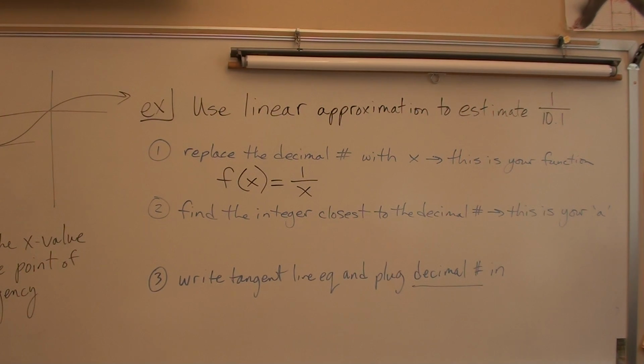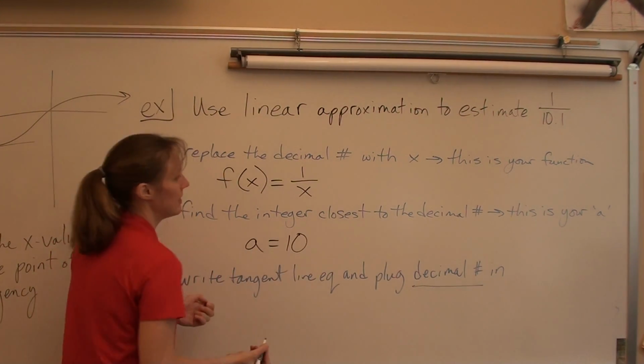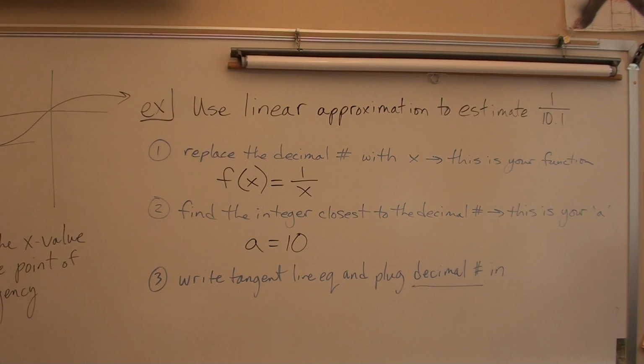Next thing you do is find the integer that's closest to the decimal. So for us, 10.1, what integer is closest to 10.1? 10. That's your a. We've been talking about a. So our a is 10.